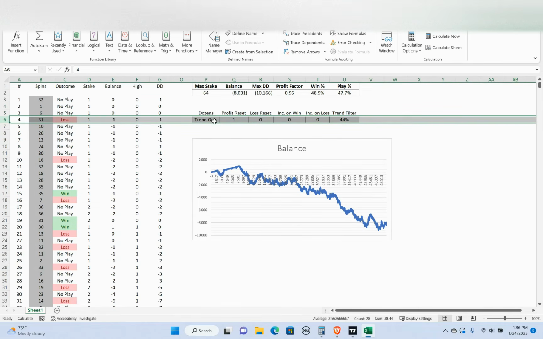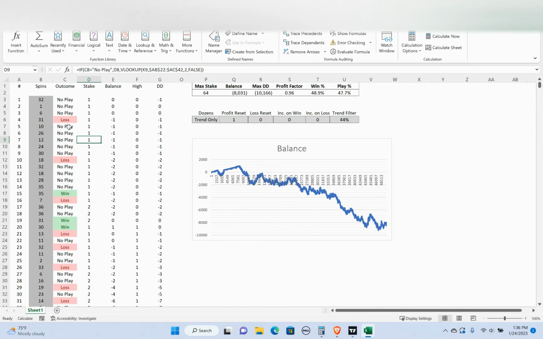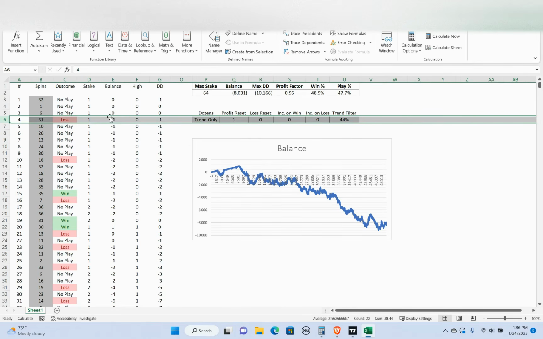But with the trend filter on, we would only play this if the low is currently the highest trending of the high and low. So if the lows were hot, in other words, we define it by the trend filter, then you would play the low. But if the high was the trending one, we wouldn't play this. We would skip it. So that makes sense.